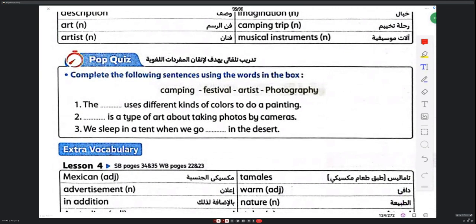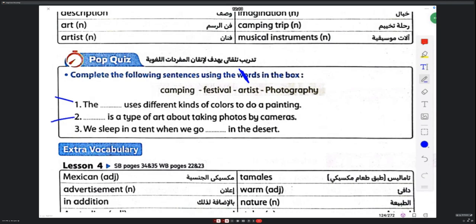Book quiz. Camping, festival, artist, photography. The artist uses different kinds of colors to do paintings.